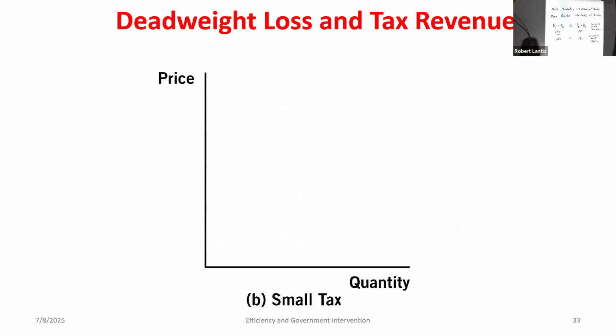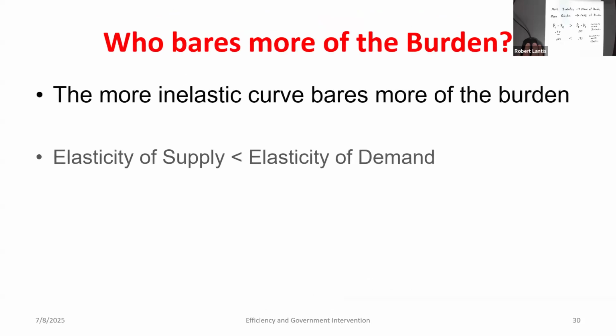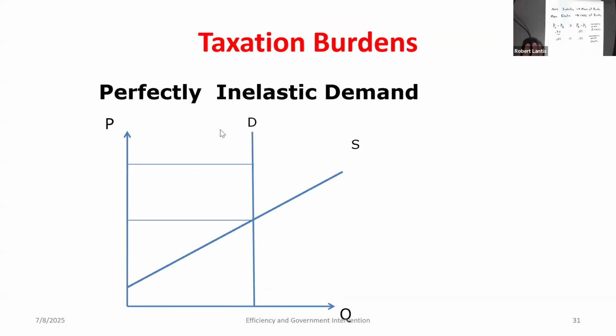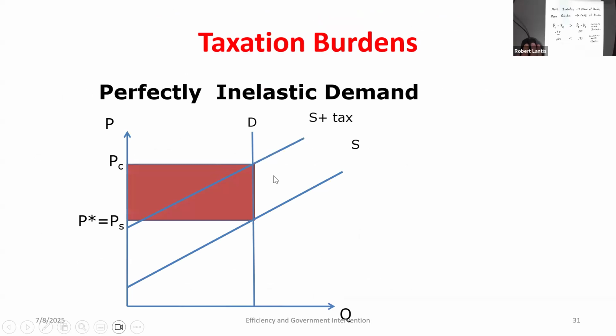So we've talked about ways in which we can identify who's going to bear more or less of the burden of a tax. When we think about how much tax revenue is generated, we can go back to thinking about our example of perfectly inelastic demand. With perfectly inelastic demand, we said, what is deadweight loss?